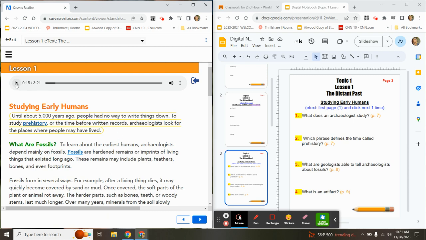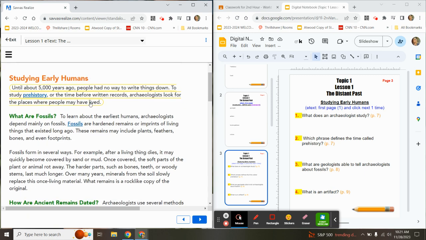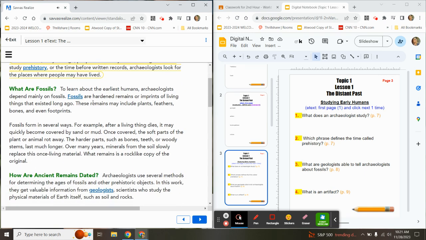All right, let's continue on. What are fossils? To learn about the earliest humans, archaeologists depend mainly on fossils. Fossils are hardened remains or imprints of living things that existed long ago. These remains may include plants, feathers, bones, and even footprints. Fossils form in several ways.